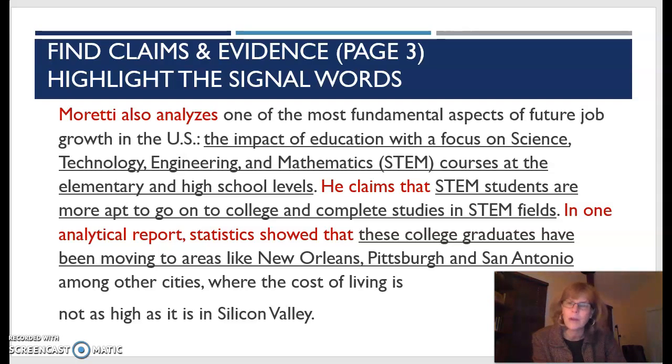Morietti analyzes one of the fundamental aspects of future job growth, right? And then we get his data. He claims that. Here's another good signal word. And in one report, statistics show that. I want you to see all of these as the clues that are pointing you towards the support.